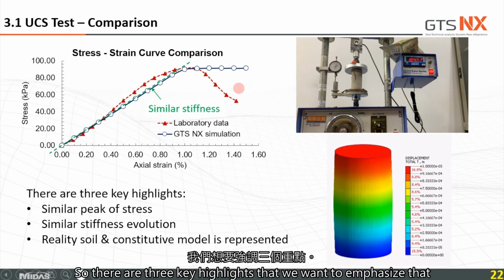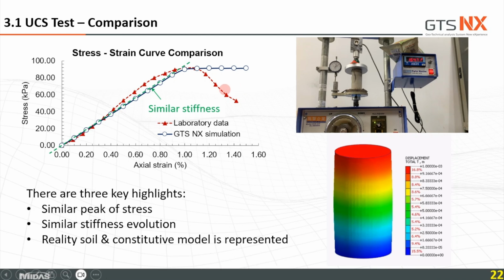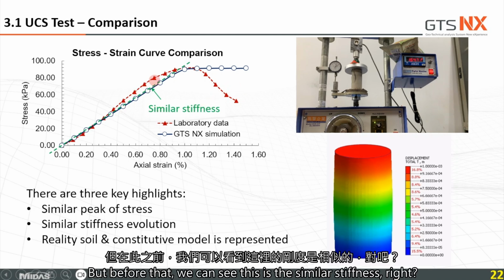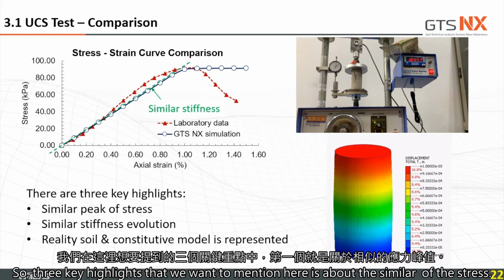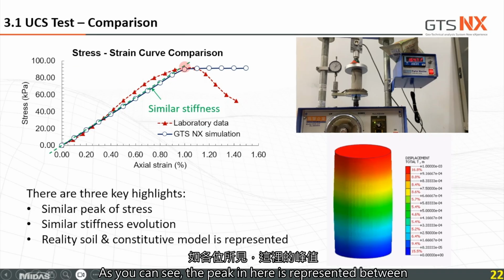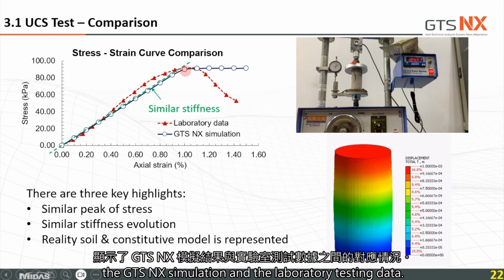So there are 3 key highlights that we want to emphasize. But before that, we can see this is the similar stiffness, right? So that is represented for the GTX NX constitutive models and the realistic soil. The 3 key highlights that we want to mention here are about the similar peak of the stress. As you can see, the peak here is represented between the GTX NX simulation and the laboratory testing data.